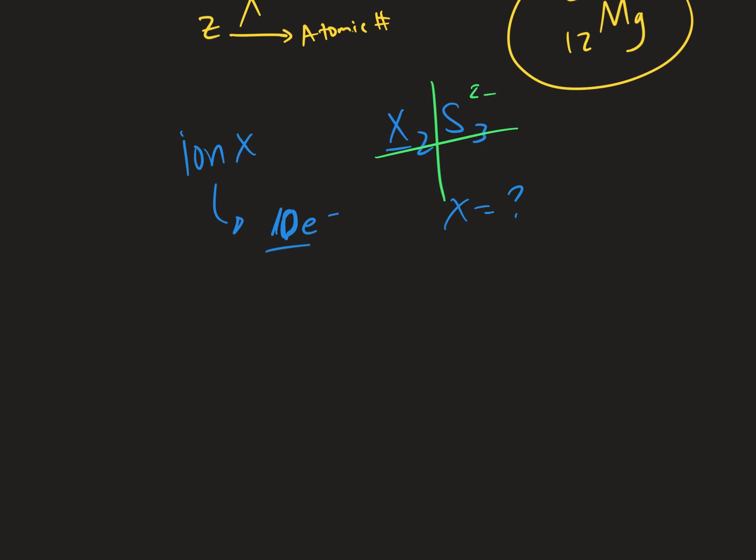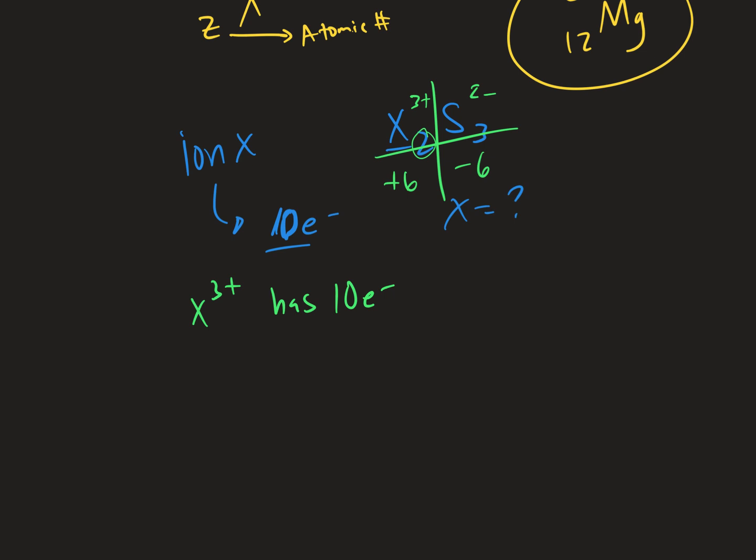And how many are there? 3. That's a total charge of -6. And all ionic compounds are neutral. So the cation side has to be +6 total. There's a total of 2 X's. 6 divided by 2 is 3 plus. All right, so the X 3+ ion has 10 electrons.